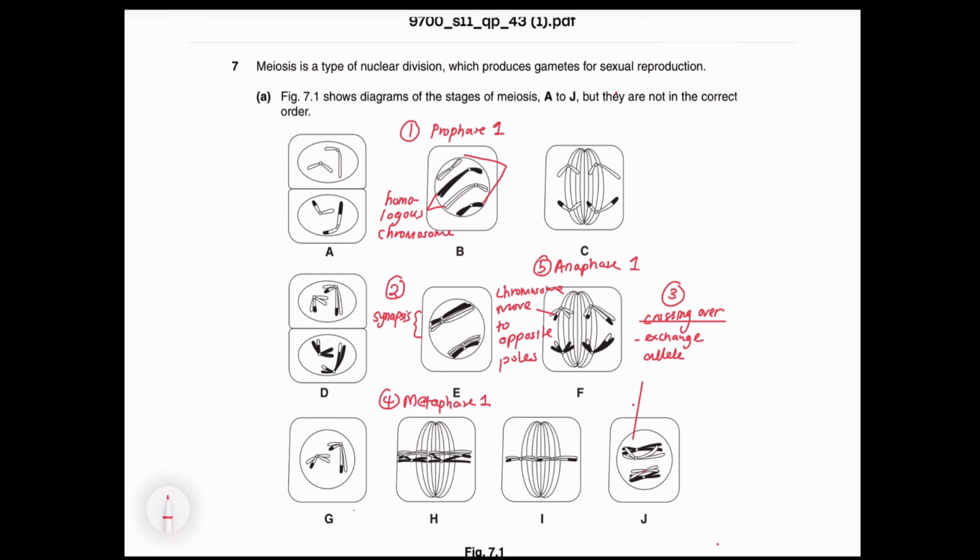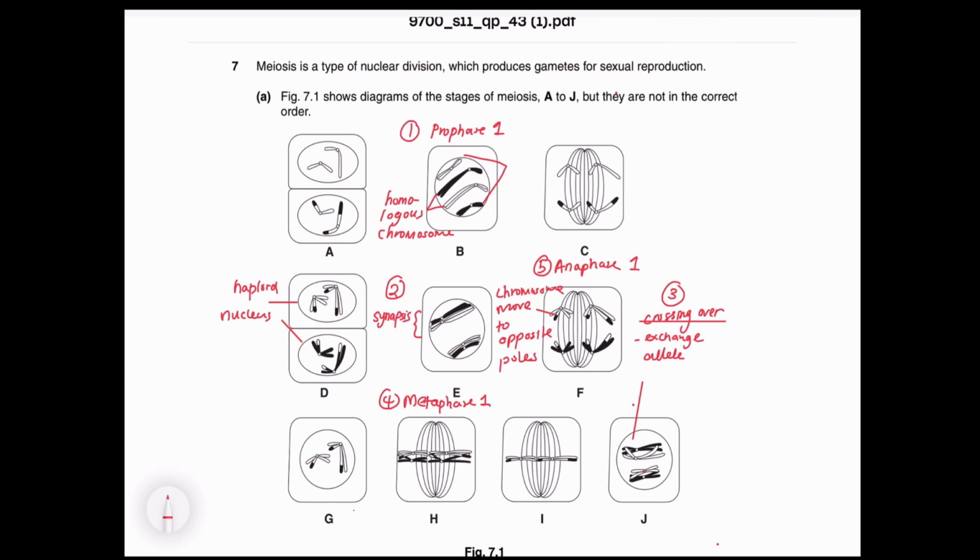As the chromosomes reach the poles, the chromosomes will start to uncoil and they will become chromatin again. And at this point, you will see that the chromosome number is already reduced. And based on diagram F, you will see that 2 of the white ones will be moving to one pole. So this is known as a haploid nucleus, because instead of having 4 chromosomes, each of them actually has 2 chromosomes remaining.